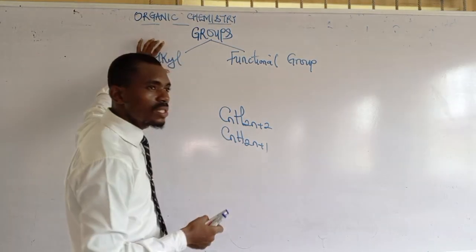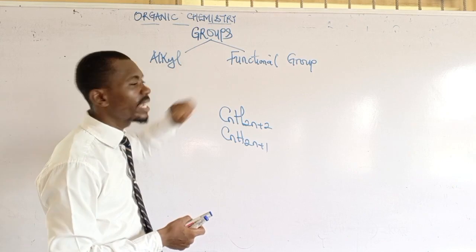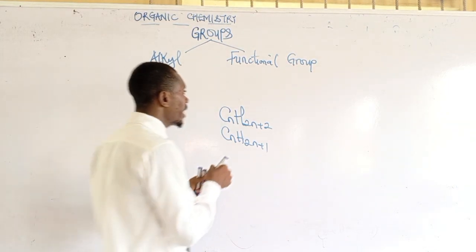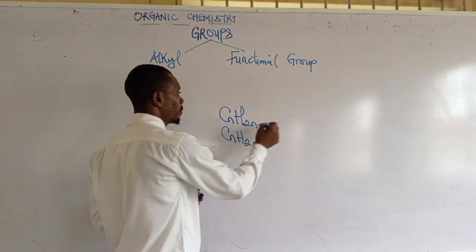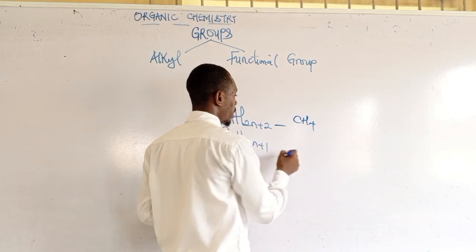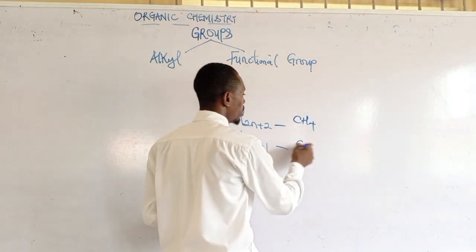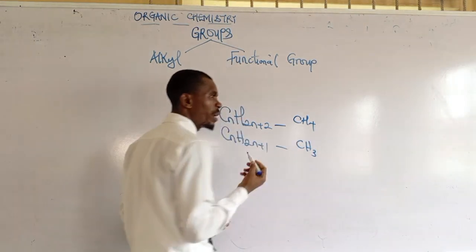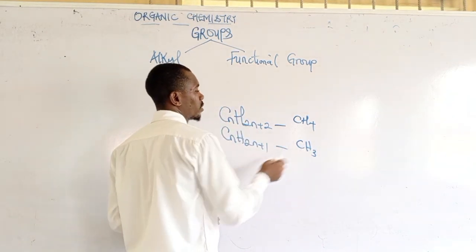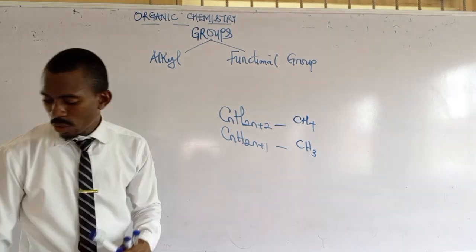So alkyls are derivatives of the alkanes by a loss of 1 hydrogen atom. For example, methane is CH4, methyl will be CH3, showing us that there is a shortage of a hydrogen atom in the alkyl groups.